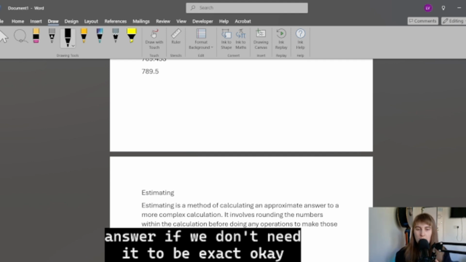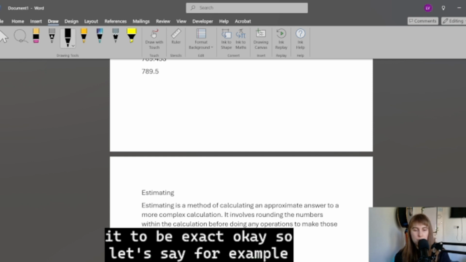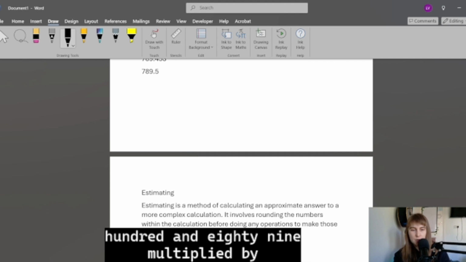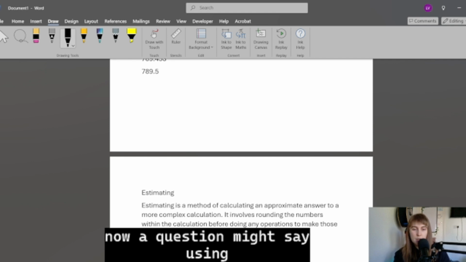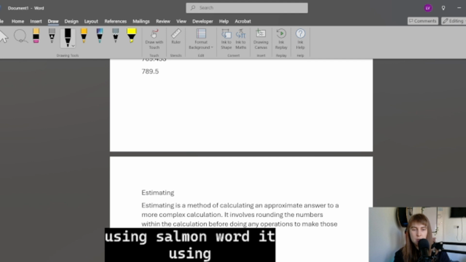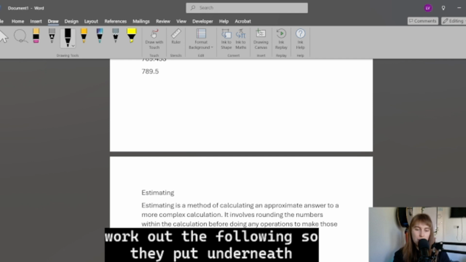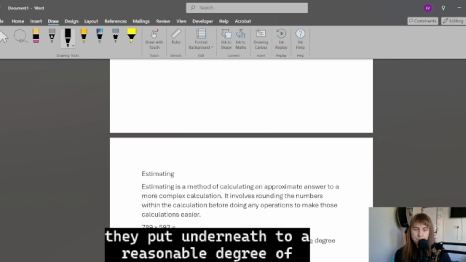Okay, so let's say, for example, I wanted to work out 789 multiplied by 592. Now a question might say, this is how they might word it, using estimation, work out the following, to a reasonable degree of accuracy.